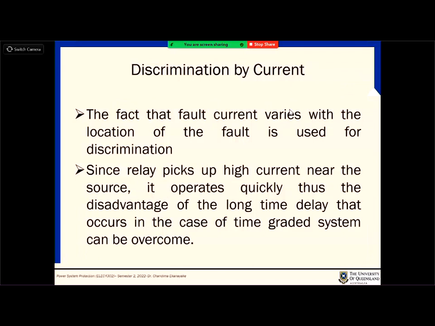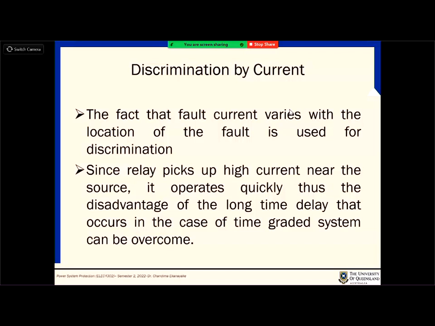How can relay operation be discriminated or coordinated by current? The idea behind this method is that the fault current will reduce as you go away from the source. So you can consider that factor when designing the relay coordination, right?